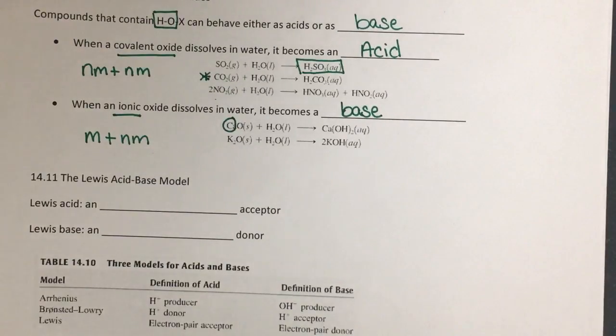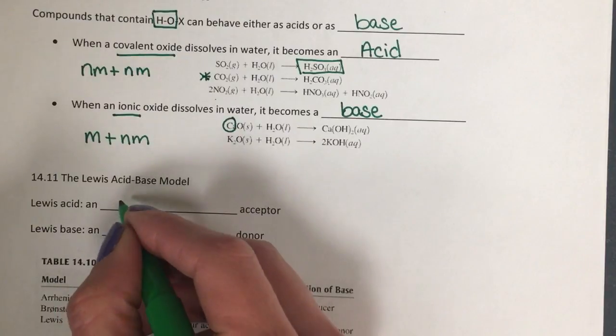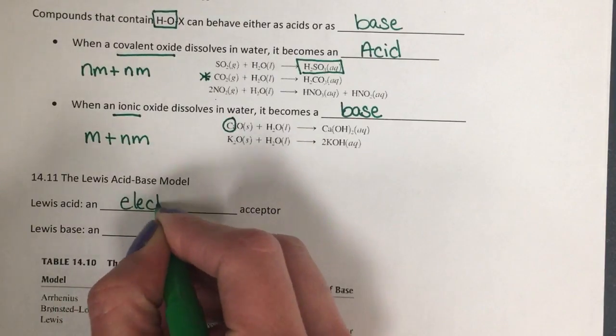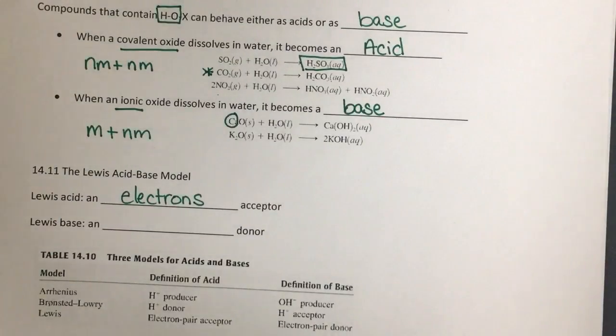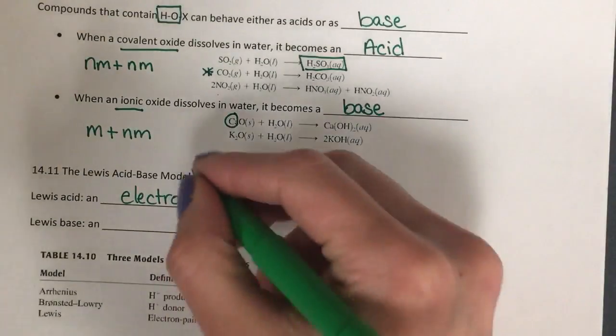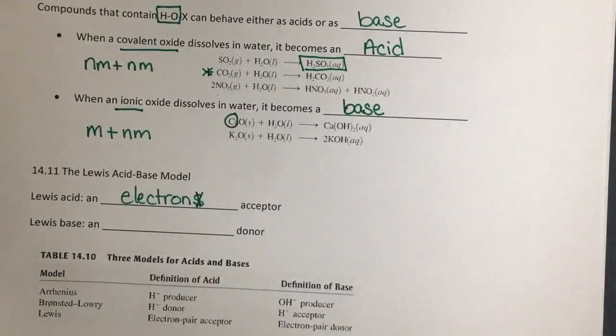Now what a Lewis acid is, it's going to be something that can accept an electron. This is going to be different because it doesn't necessarily have to have an H anymore at all. It's just going to be able to pick up extra electrons.